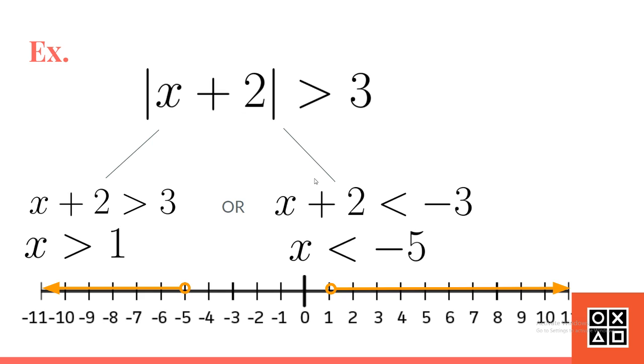And for the other inequality, we multiplied 3 by minus 1. Since we multiplied by minus 1, we flipped the sign over. When we simplify it, it gives us x is less than minus 5.